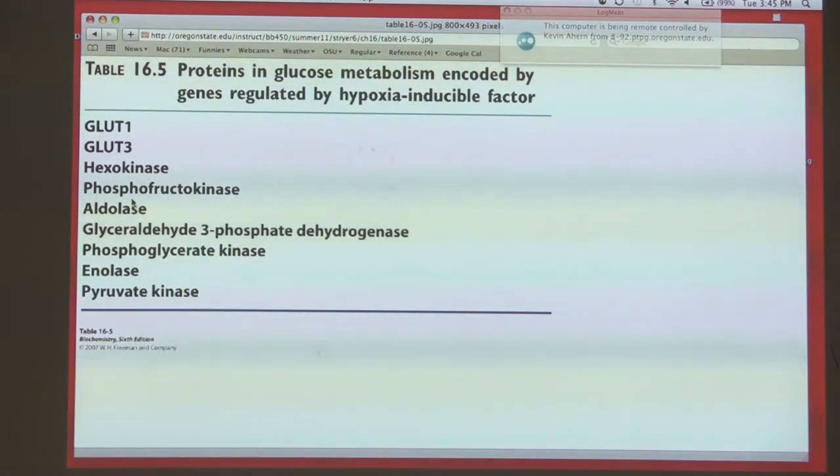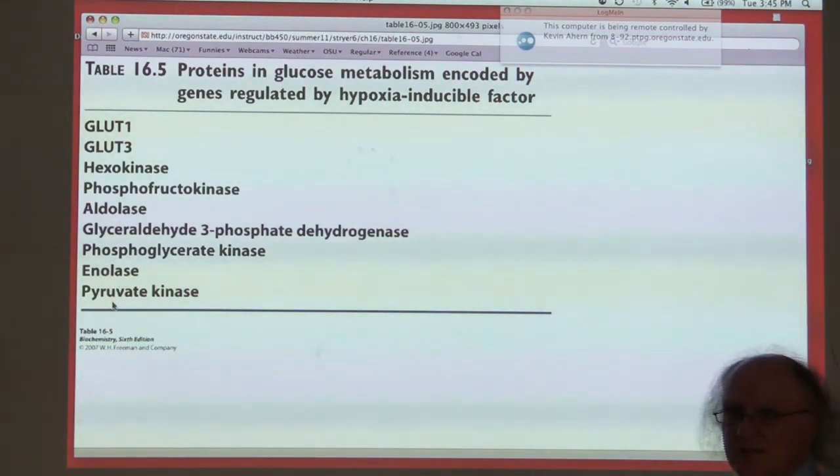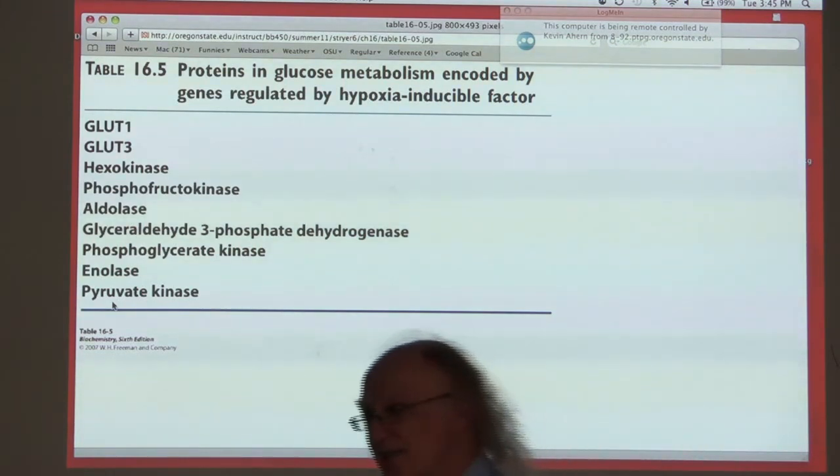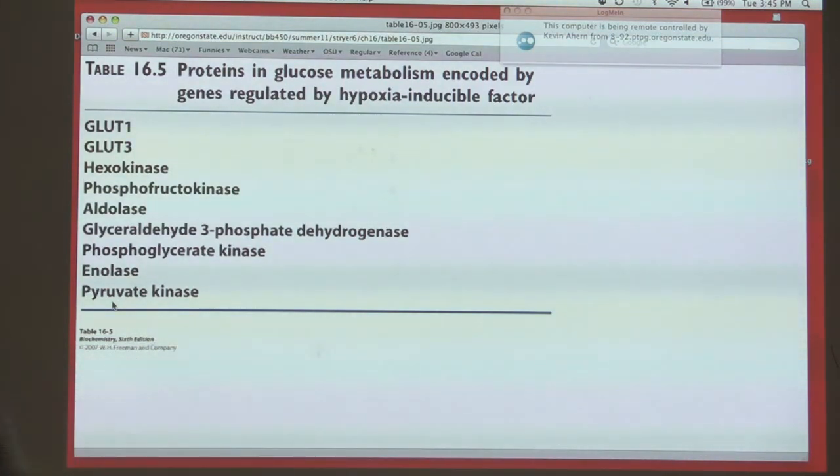Hexokinase, phosphofructokinase, that's PFK, aldolase, glyceraldehyde 3-phosphate dehydrogenase, phosphoglycerate kinase, enolase, pyruvate kinase. This tells us that these cells really need to have glycolysis going. Why?